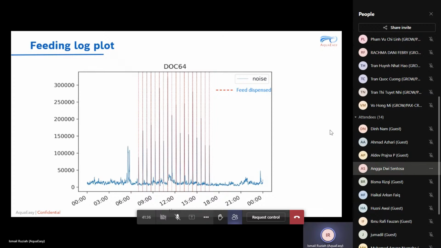We did some trials before for 24-hour feeding, and we never got good results, because 24-hour feeding means that we always need to have some bit of feed in the water to see if they respond to the feed, and we always end up with excess feed.